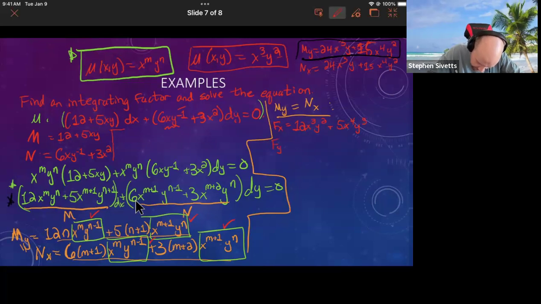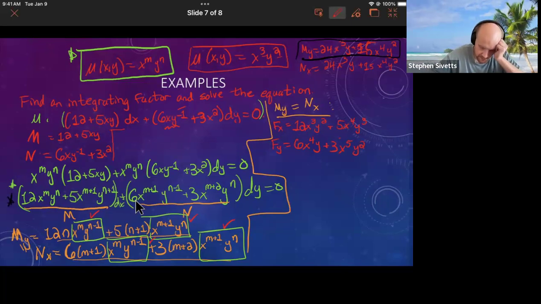And then partial of f with respect to y, that's 6x to the 4th, y. So m minus 1, so that's y plus 3 times 3 plus 2, which is 5. The n is 2, so that's y squared.